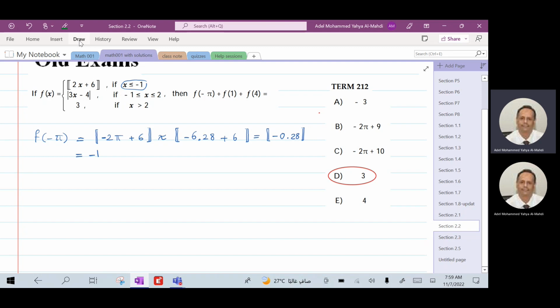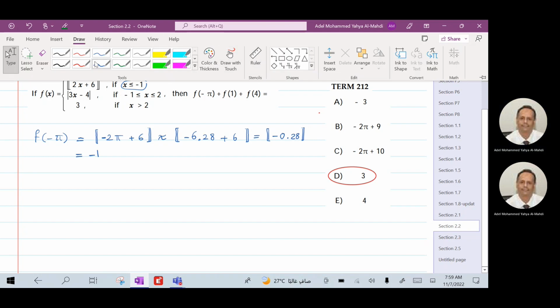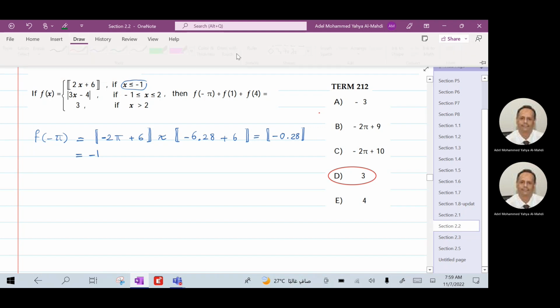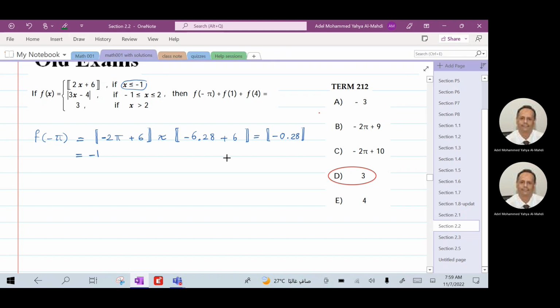Let me draw a line to understand this. For example, this is the real number line. This is minus 2, this is minus 1, and this is 0. Where is your number?